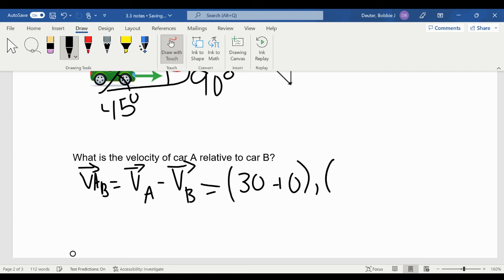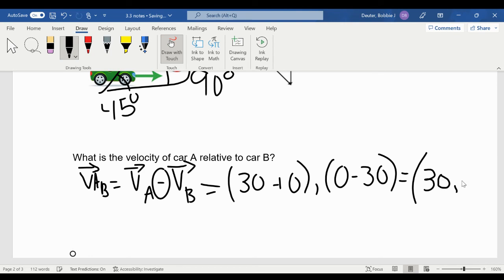And so then car B has an x component of 0, and we're going to subtract that because remember we have this subtraction in here. And so we're going to minus that from our positive 30. So we just have a negative. So our x and y value now, because we are on both the x and y axis, is going to be a positive 30 with a negative 30.